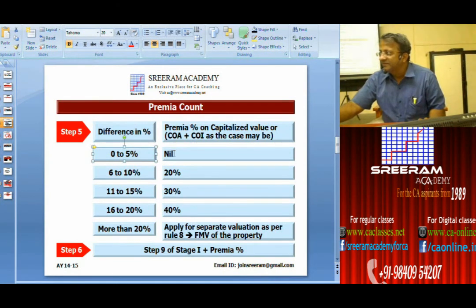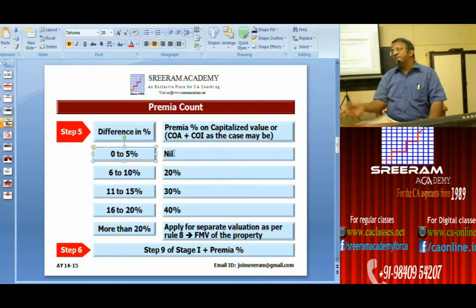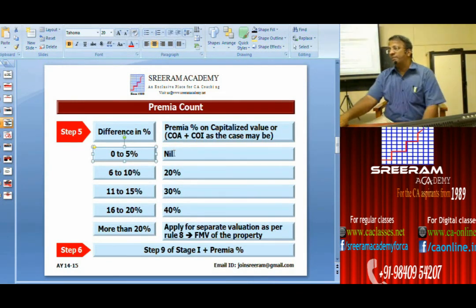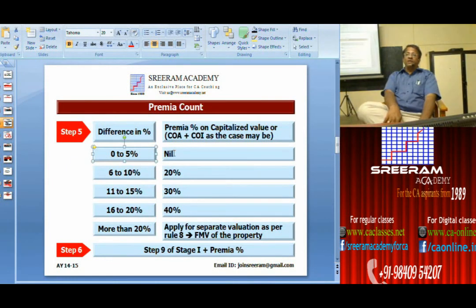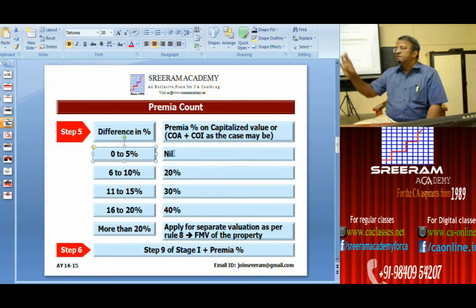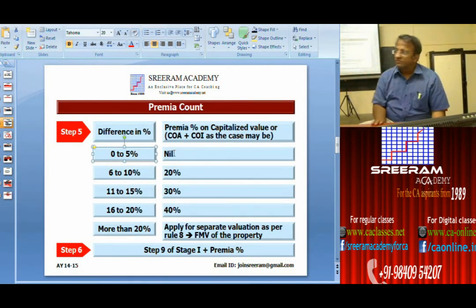Isn't it? Are you understanding what I am telling? So therefore, it is not necessary in every case that cost of acquisition and cost of improvement can be taken as a base for assigning value for the asset. So this cost of acquisition and cost of improvement will be in many cases reflecting historical values having no match with the income, no match with the market value. Is that clear? So have that in your mind.